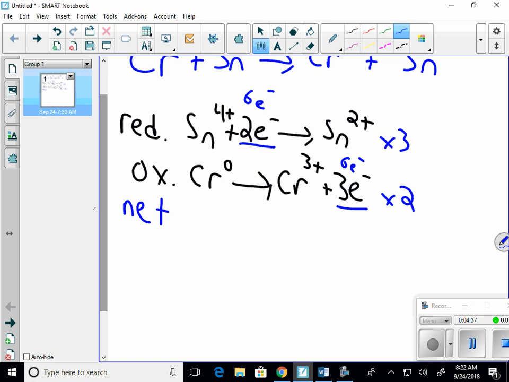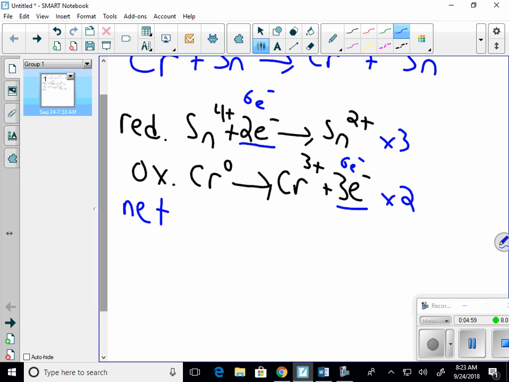They cancel each other out. Just like in an algebra class where two variables, 3x plus 4y equals 16, and then y plus x equals 12. I have no idea if that works out. You could cancel out variables when you add them together and you multiply by different factors. We want to cancel out the electrons gained and lost.